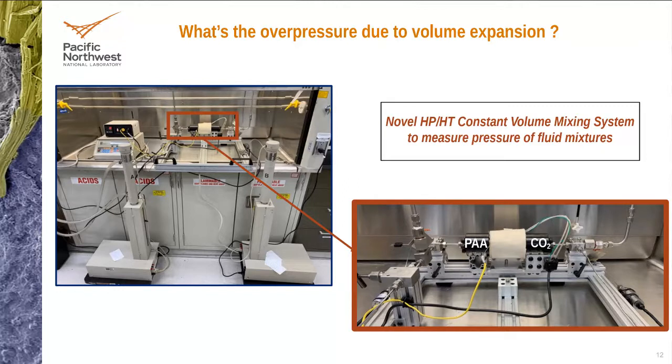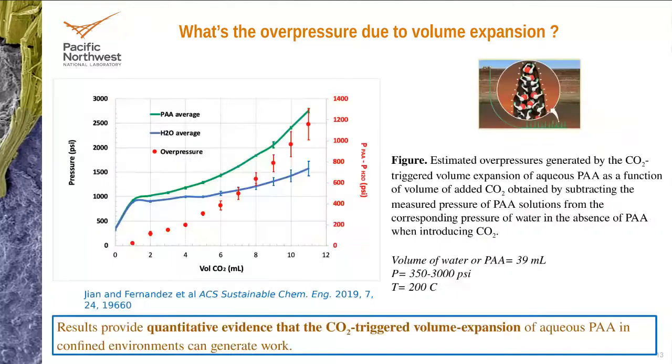So what we did was put either water or polymer solution on one side, and in this case always CO2 on the other, and then we move the piston, those plugs will fall down, the fluid will mix, and then we will measure the pressure on both sides of the cell. Obviously once they mix, the pressures are the same on both sides, and the results are that for water, when we mix it with a different volume of CO2, as you increase the amount of CO2, you will have a higher pressure.